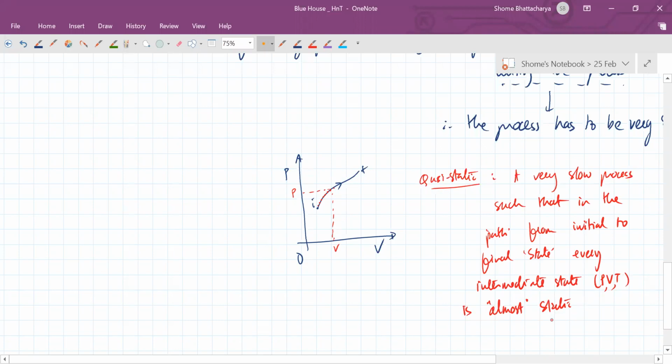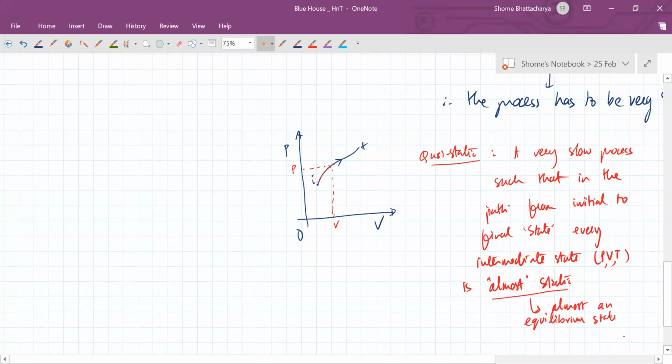Hence the term quasi-static. This is the meaning of the term quasi-static.